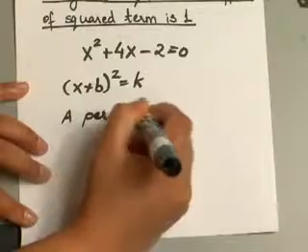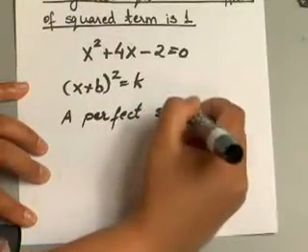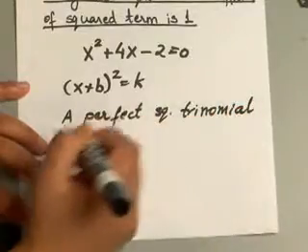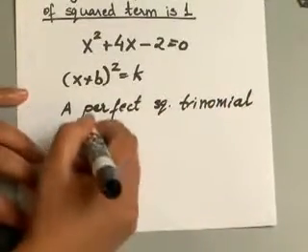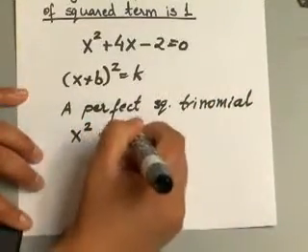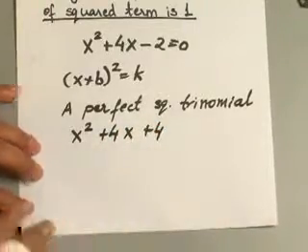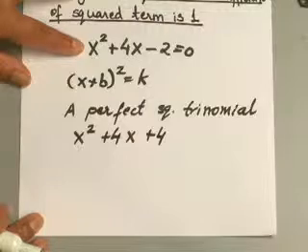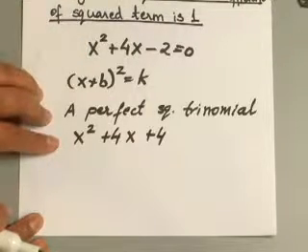Now a perfect square trinomial is something of this form. Let's say we have a perfect square trinomial that is x squared plus 4x plus 4.